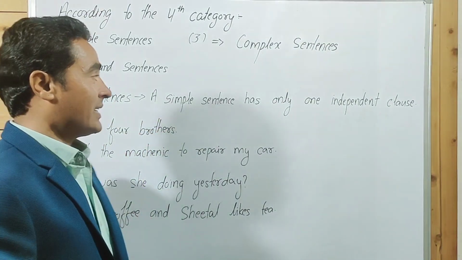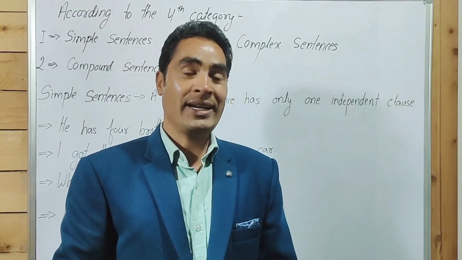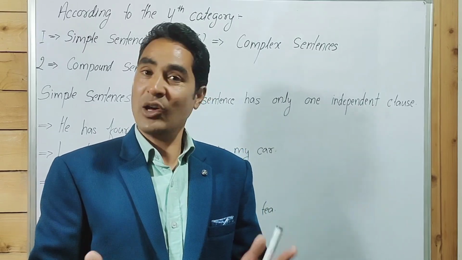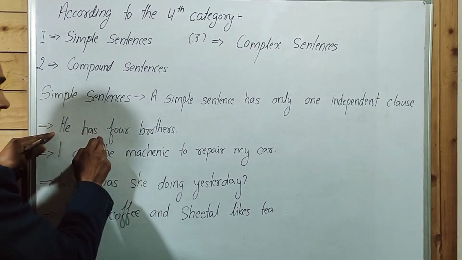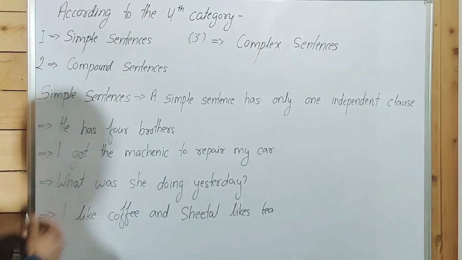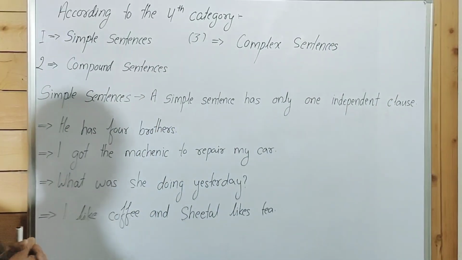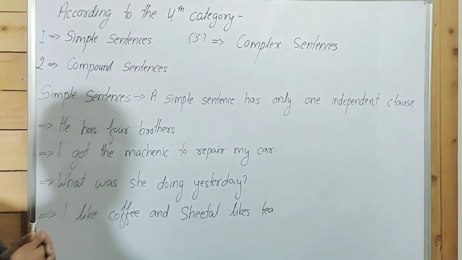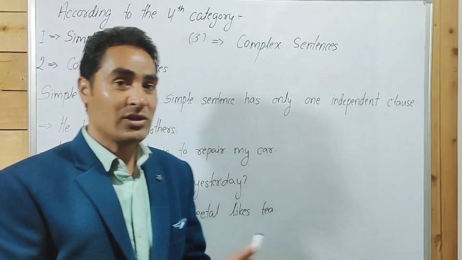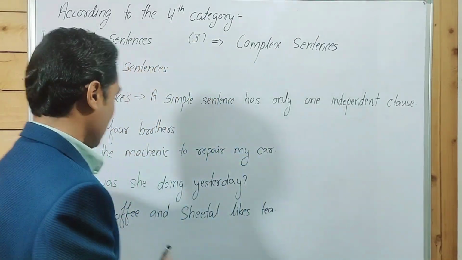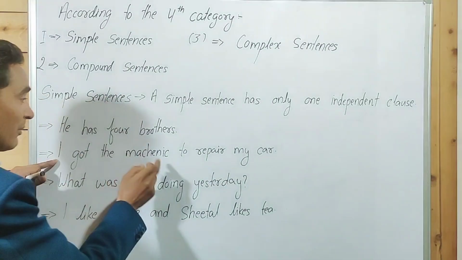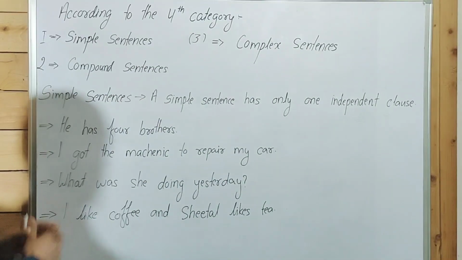A simple sentence has only one independent clause, a principal clause, a main clause. For example, he has 4 brothers. It's an independent clause. It's a simple sentence. As you know, an independent clause or principal clause can stand alone. I got the mechanic to repair my car.